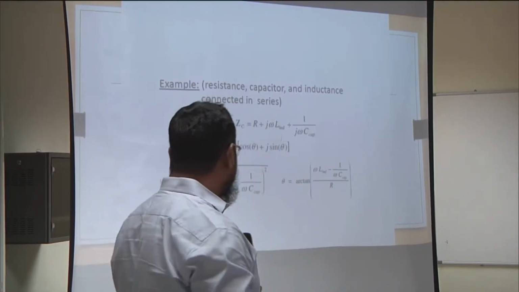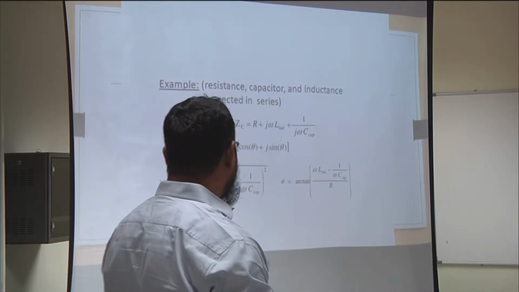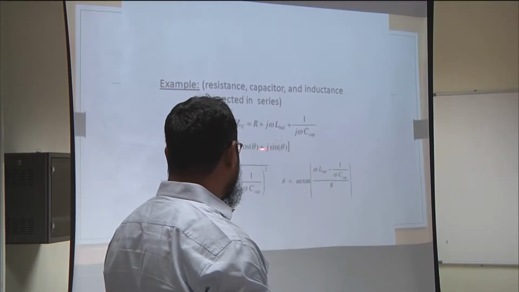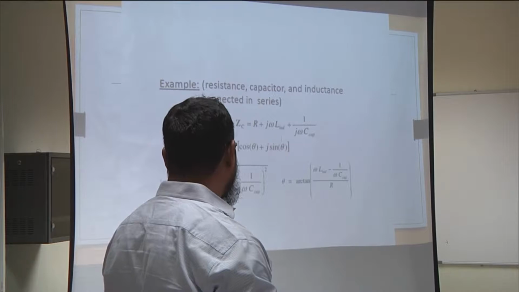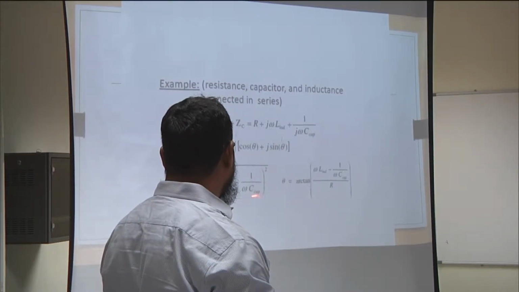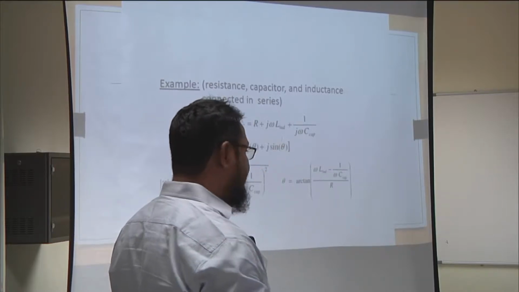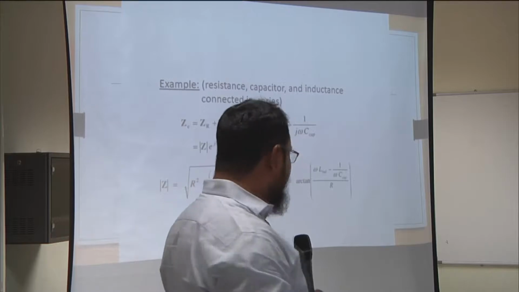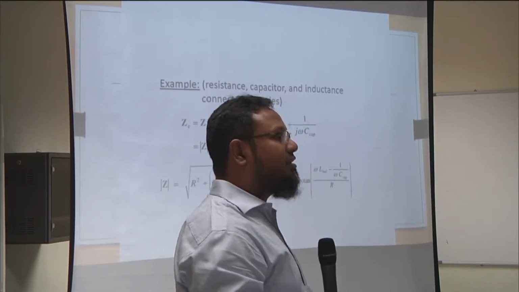in exponential form. Okay? So that exponential form, this is the Euler identity. Remember the Euler identity? The exponential form can be represented with this Euler identity. So from here on, there are various ways. This is one of the ways you can actually find out impedance, but another way would be to just directly add them in rectangular form.